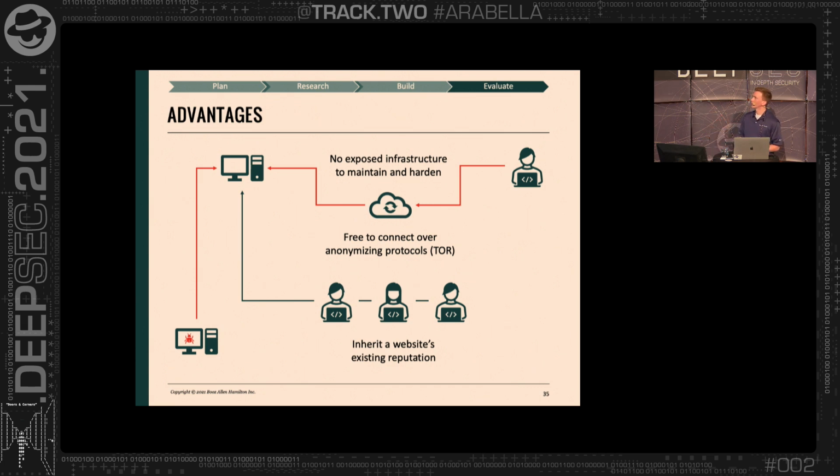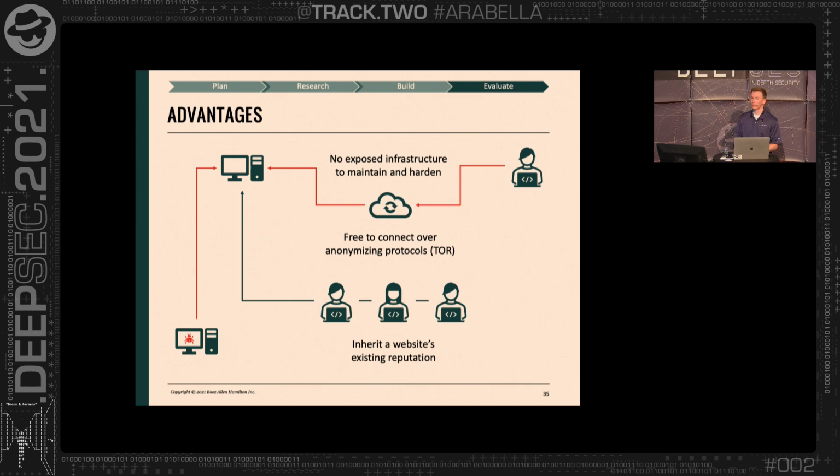One, we're no longer exposing infrastructure that we need to maintain, or we need to harden, or that the defender could investigate. In fact, because the operator is no longer listening on a service, but is in fact connecting, we're free to connect over anonymizing protocols like Tor trivially, no longer setting up a hidden service.